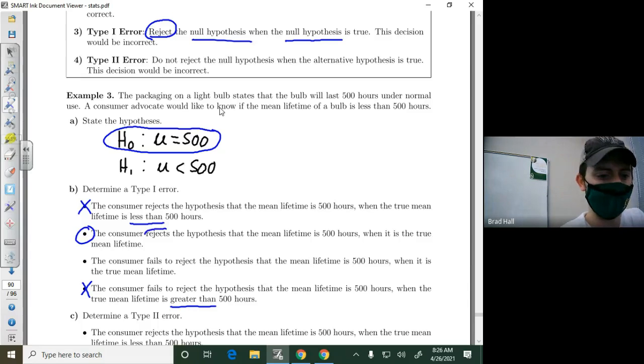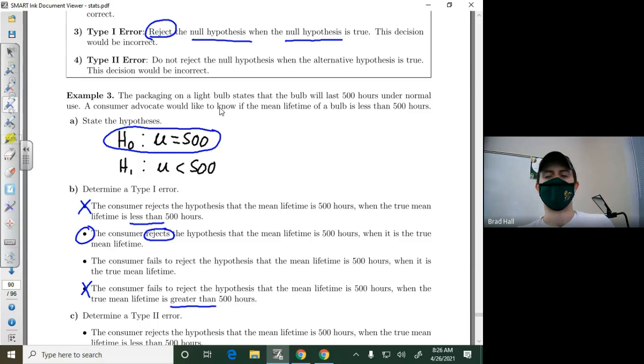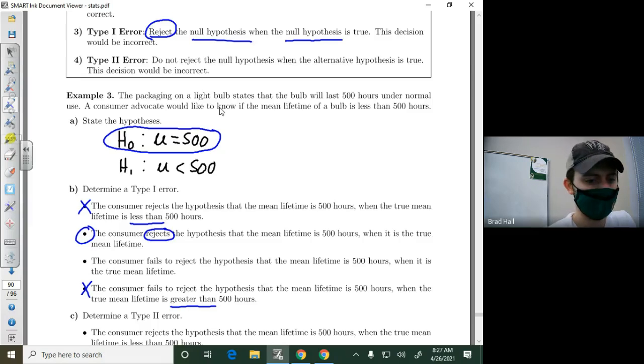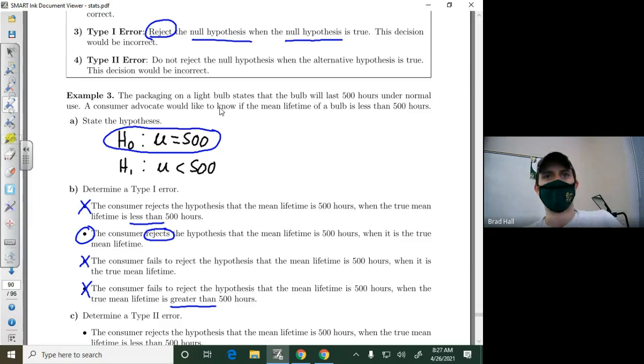Because notice rejects and rejects. And notice what you said makes more sense for a type 2 error when you do not reject or you fail to reject. So it's got to be the second one, using that sort of terminology there.